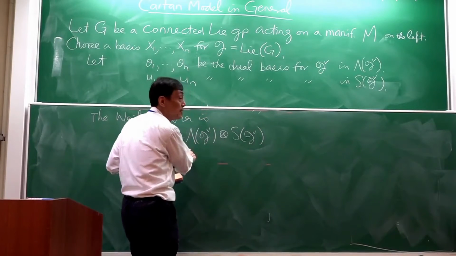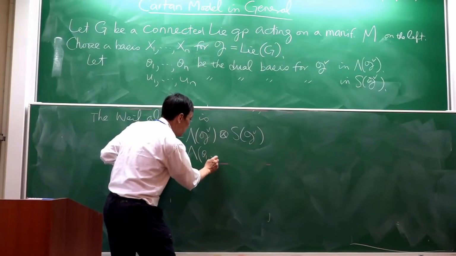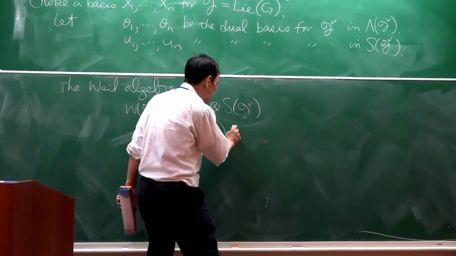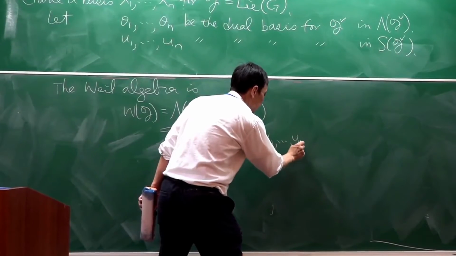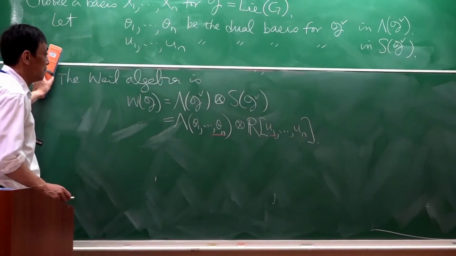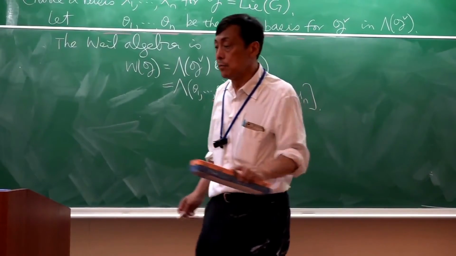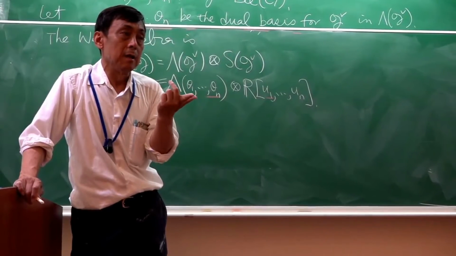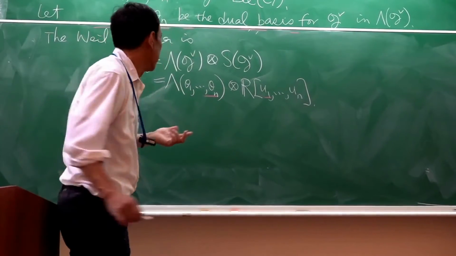And in terms of a basis, it's the free exterior algebra generated by the thetas, and the symmetric algebra is the polynomial algebra generated by the U's. Now, on the Weil algebra, I have three operations. I have the contraction, the exterior derivative, and then the Lie derivative.